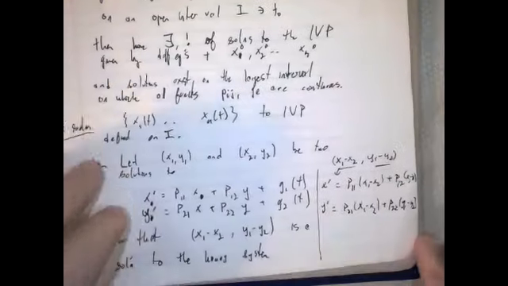And this is more or less easy. It's just repeating the exact same argument that we did back when you weren't dealing with systems of equations. Namely, if we have the tuple x1 minus x2, y1 minus y2, then x prime is equal to x1 prime minus x2 prime because derivatives are linear.